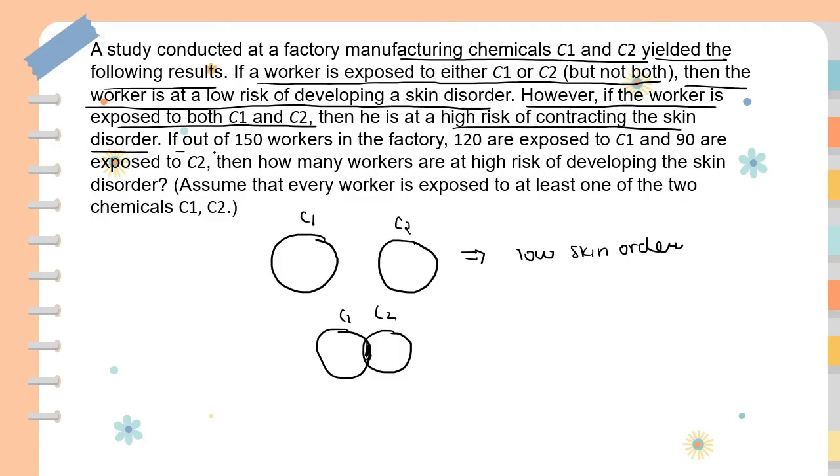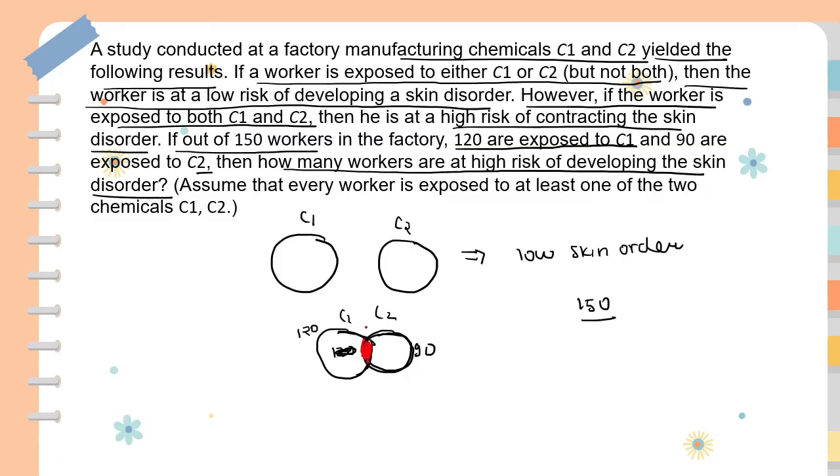Okay, so there are 150 workers in the factory and 120 are exposed to C1, so this whole is C1, and 90 are exposed to C2. Okay, so this whole is C2. Then how many workers are at high risk of developing a skin disorder? So here it is asking about this common portion.